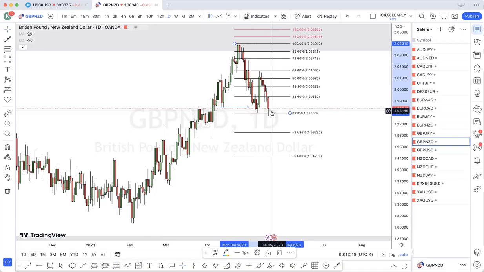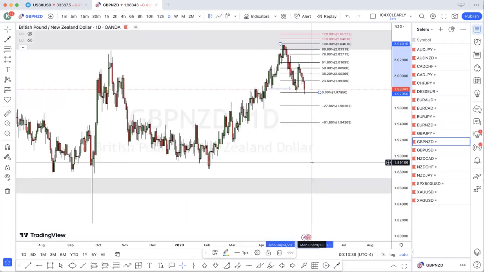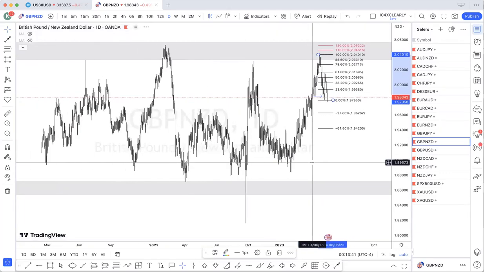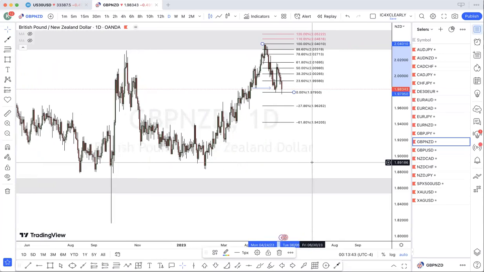So we should expect a continuation of a sell down to this order block in the wicks, to this order block negative 27, or even the possible negative 618. So that's what I see for GBP NZD.